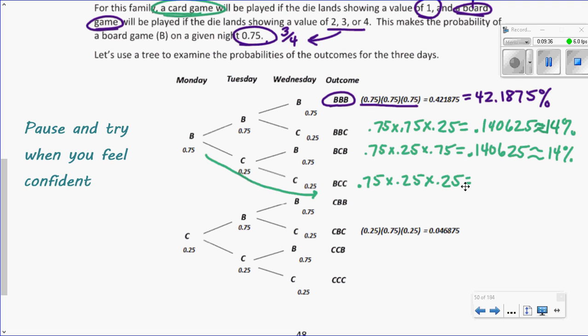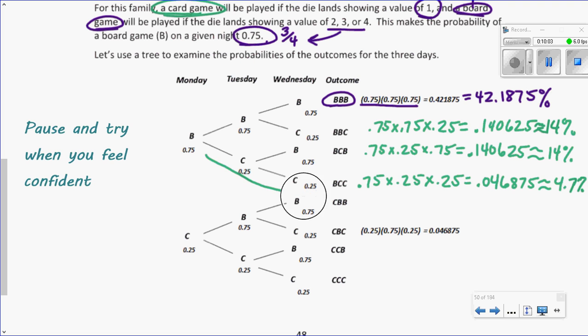Okay, so that was going to be a little lower. You should be able to catch on now that 0.75 times 0.25 times 0.25 will be a little lower, and that's 0.046875, which is about, let's just call that 4.7%. You can round it to 5%, it's up to you.